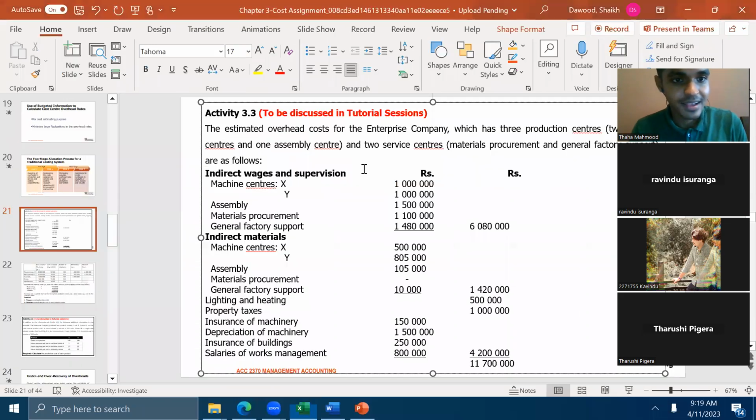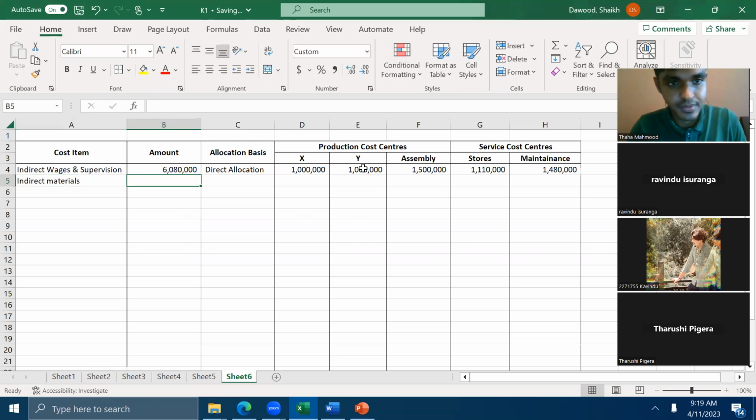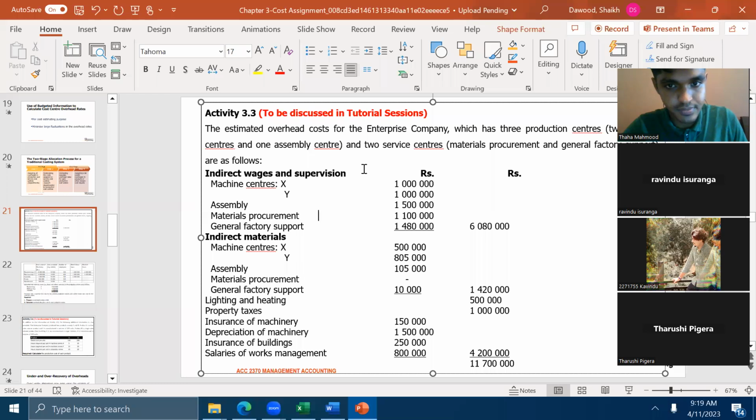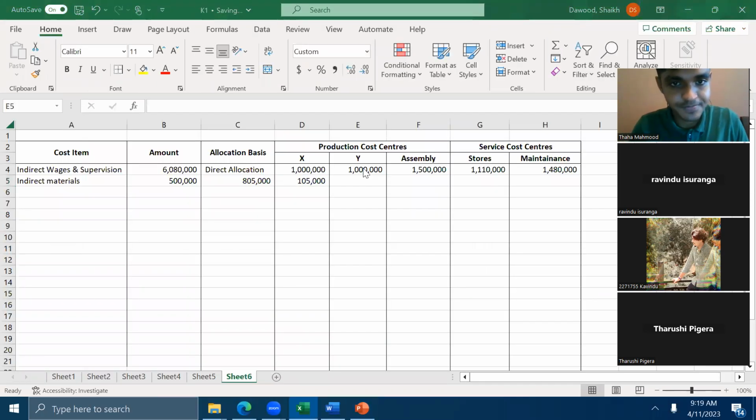Okay. Then indirect materials, same thing. $500,000, 805,000, 5,000. Sorry, I mark.